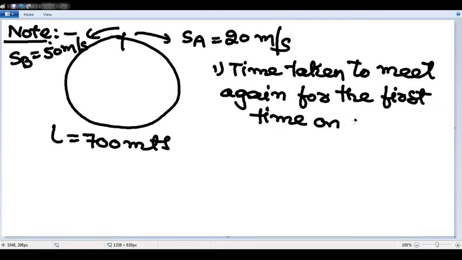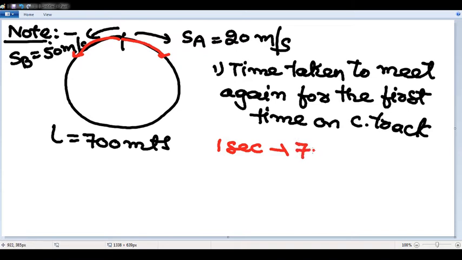Listen carefully. If you understand this, the number of distinct meeting points will be clear. Now, after 1 second, A will travel 20 and B will travel 50. That means after 1 second, this side 20, that side 50, a total of 70 meters is covered.